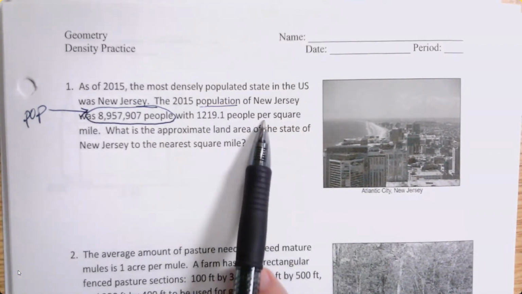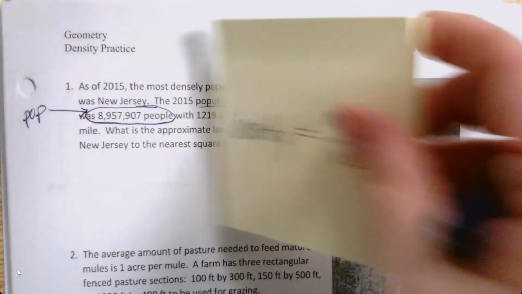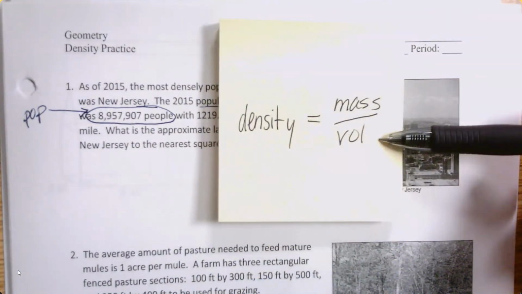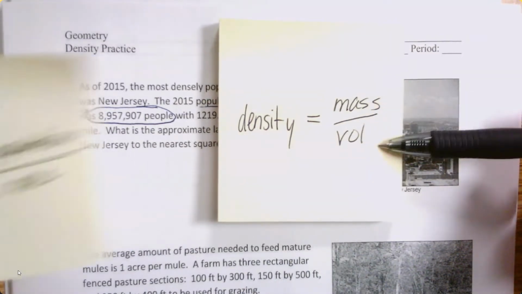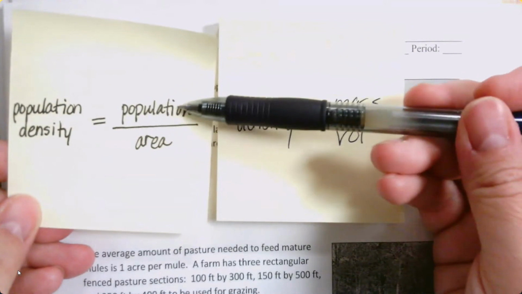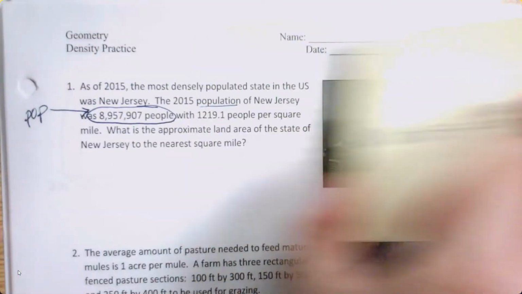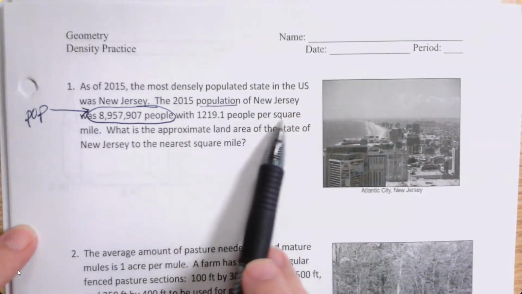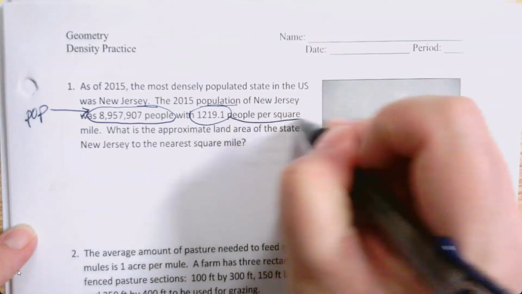When you see per, that can be a helpful hint that you're talking about density. Density is always something per something. Per is like division. So it's amount of mass per unit of volume, or number of people per square mile. So that's what this is saying, people per square mile. So that's the population density.